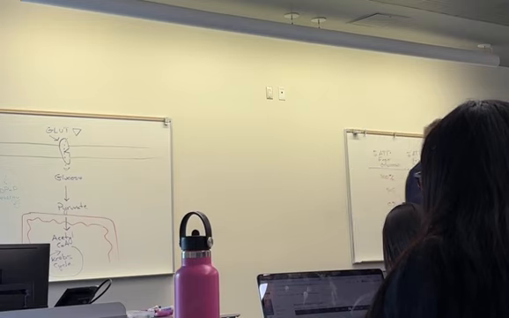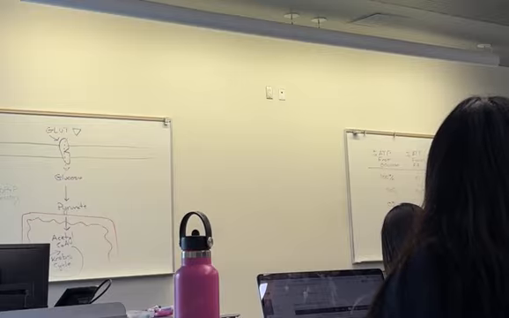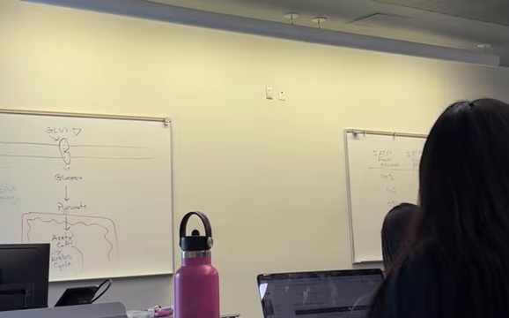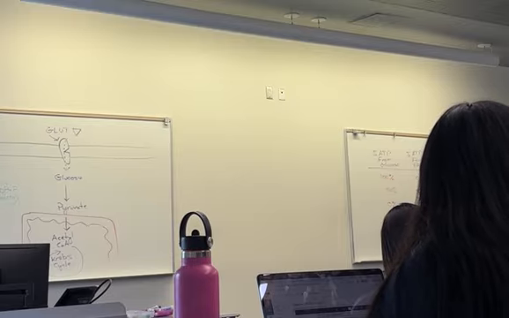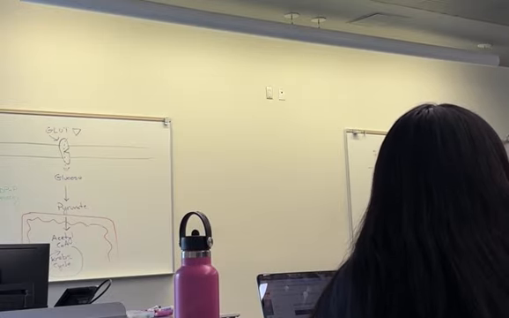Yes, ma'am? So we did how to get the percentages if you're given the RQ. How could you figure out the RQ if you were given different percentages? Like 25, 75%? I'm not quite following you there, because if I had 25%, 25% of what? Glucose, 75%. Okay. So if you were given the percentages, how would you figure out the RQ?